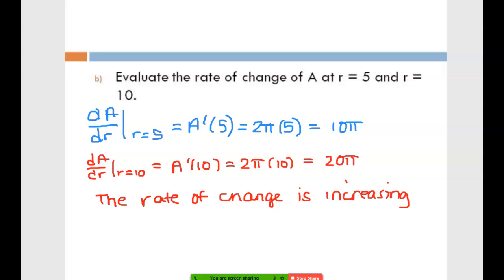So if the rate of change is increasing as r is increasing, does that mean that the circle is getting bigger faster? If the rate of change is increasing as the radius is increasing, does that mean the circle is getting bigger faster as the radius is getting bigger?